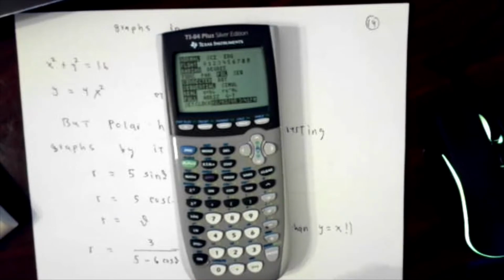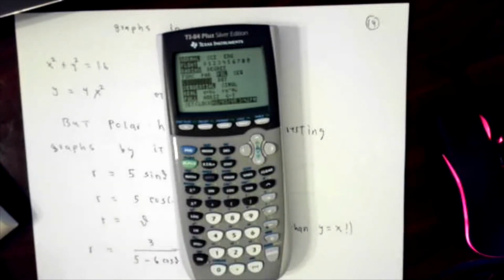In Calc 1, when you used your calculator, it was all FUNC. More recently, PAR for parametric, but now we're going to have POL for polar coordinates. And I want to look at a few simple graphs and then talk about our final two calculus topics.